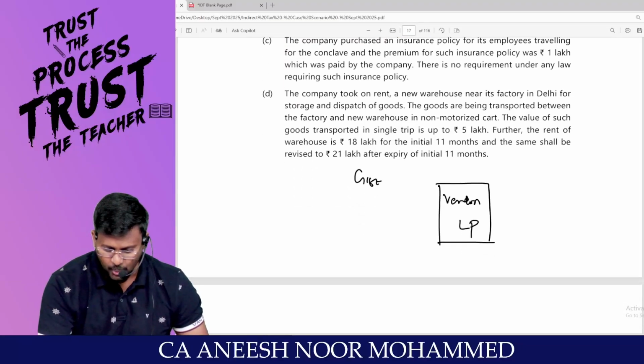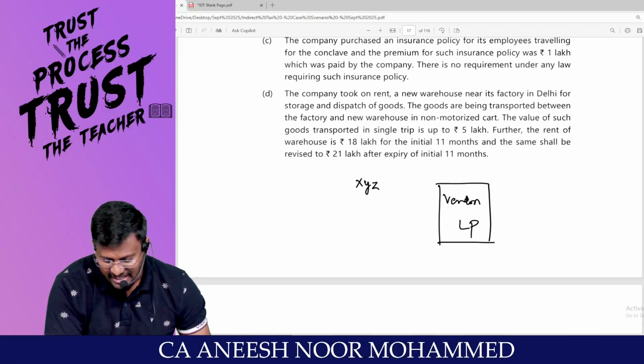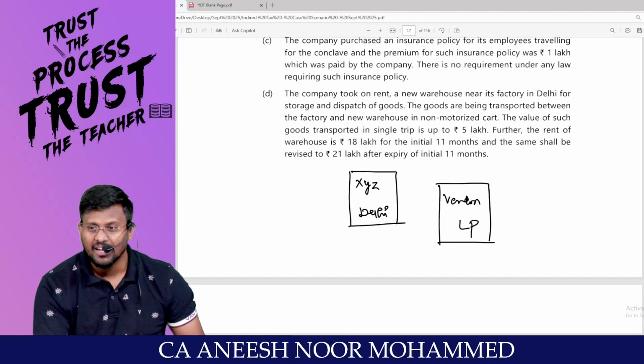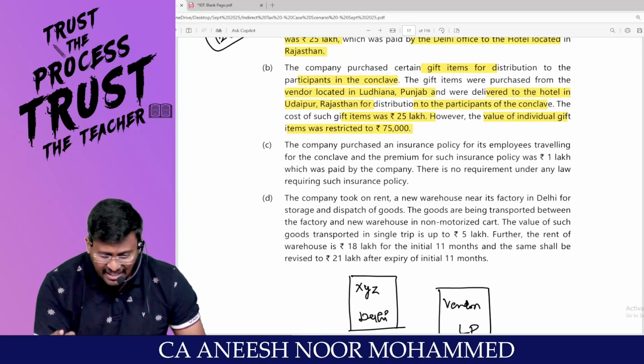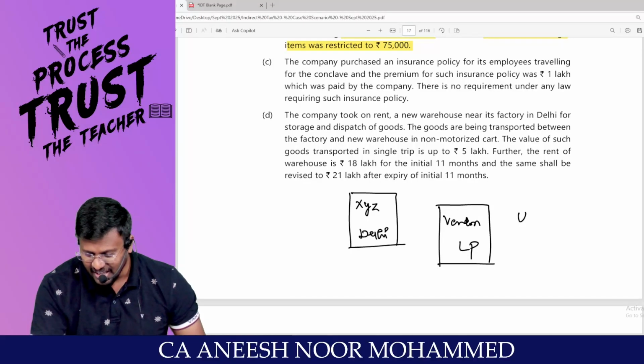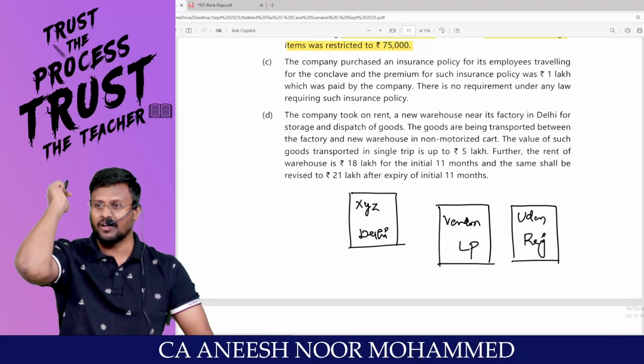XYZ Limited is situated in Delhi. I am the one purchasing the gift. Are they delivering the gift in Delhi? No, sir. They are delivering in Udaipur, Rajasthan. Accepted. It's a bill to ship to transaction, my dear lovable students.